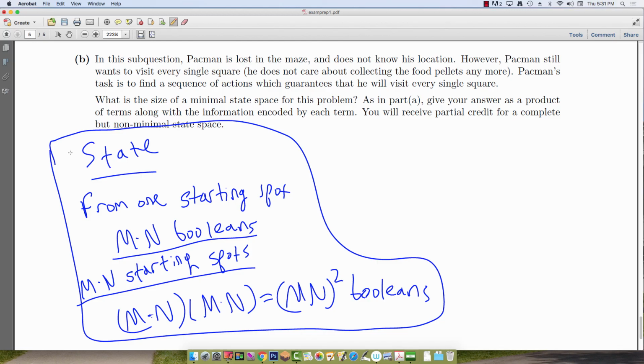The state size is how many different configurations of the state there are. Since our state is represented as a bunch of Booleans, and each Boolean can be true or false, we get 2 to the (mn) squared configurations. So this is going to be our state space.